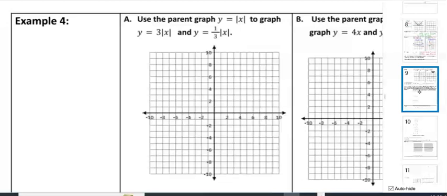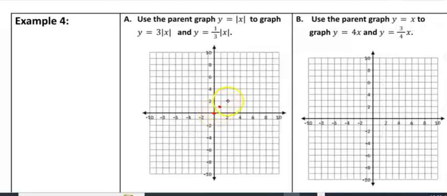Okay, so let's graph this parent function real quick, and we can do it. I'm going to do it here on my absolute value function, right? It's V-shaped, agreed? Okay, so the 3 is on the where?